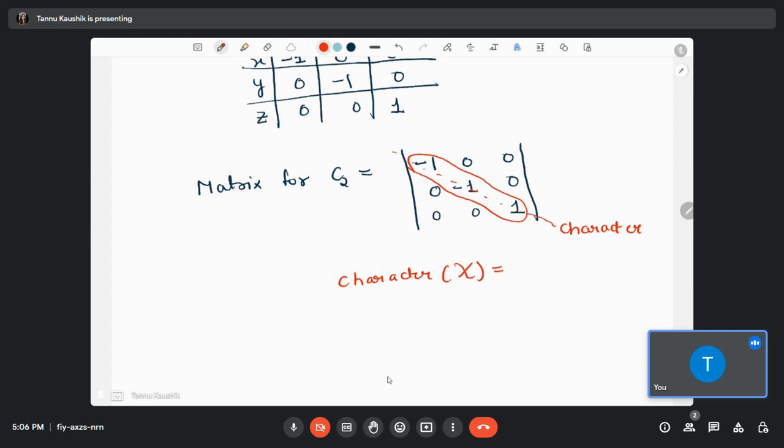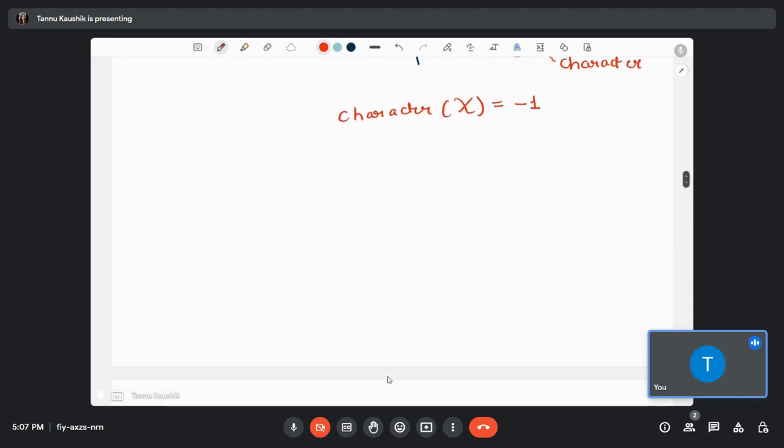So minus 1 plus minus 1 plus 1. So what will be the character of this matrix of C2? It will be minus 1. So the character for C2 is minus 1.